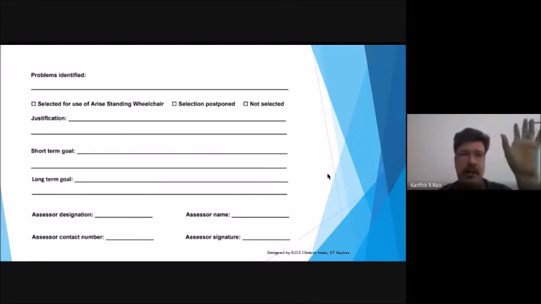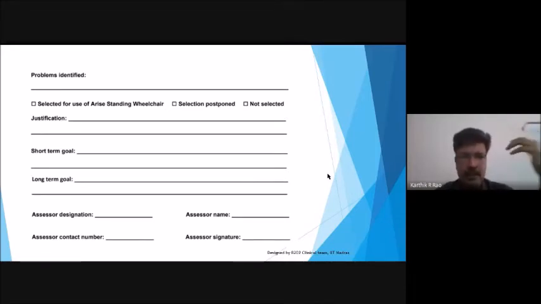Or, I gave you examples of active pressure ulcer or things like that, where the person is not ready now, but maybe fit to use a Rise at a later point of time. In that case you will mention it as selection postponed. And if it is osteoporosis and conditions like that, or the person does not have a standing history, then you will go for not selected.